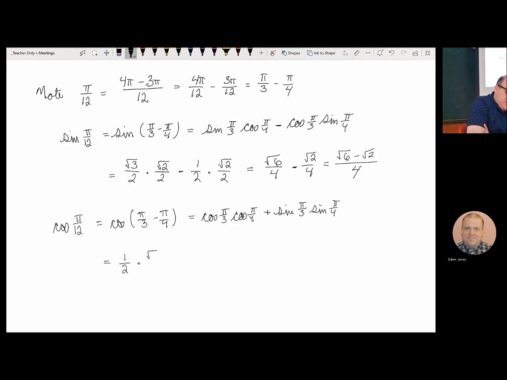Cosine of pi over 4, root 2 over 2. Plus sine of pi over 3, which is root 3 over 2, and then sine of pi over 4 is root 2 over 2. Simplify. Root 6 plus root 2 all over 4.